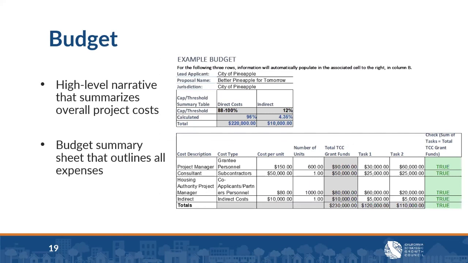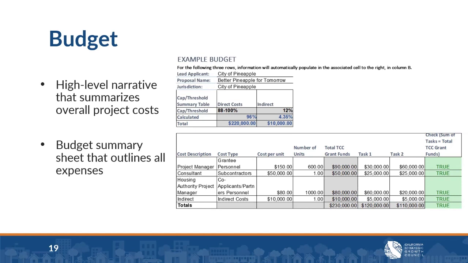Here's an example of a budget. It does include project costs, all eligible costs, pretty itemized. Another really great thing about the budget that's helpful is there are a number of calculators in here for you to make sure that you meet the different requirements of the program.